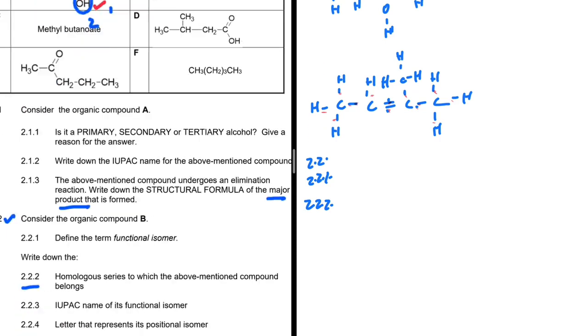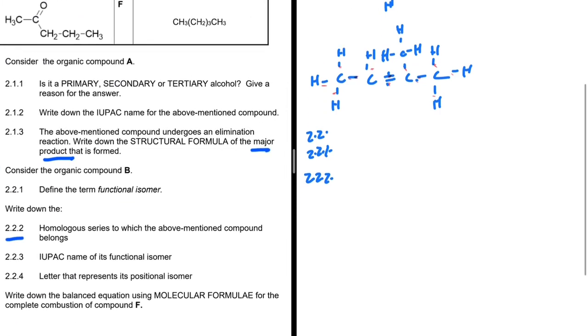So compound B is a ketone, but the name of the homologous series is actually not ketone. It is ketones, in plural, by the way. It's one of those things that we usually overlook. If you go to your exam guidelines, that is exactly what you're going to find. You're not going to find the homologous series ketone. The homologous series is ketones. We're just being more precise. We leave no stone unturned.